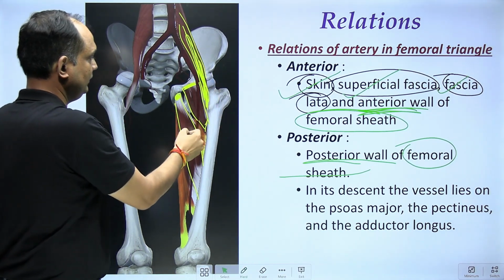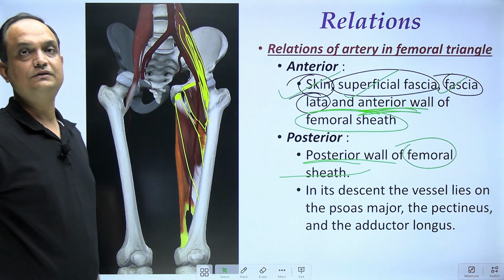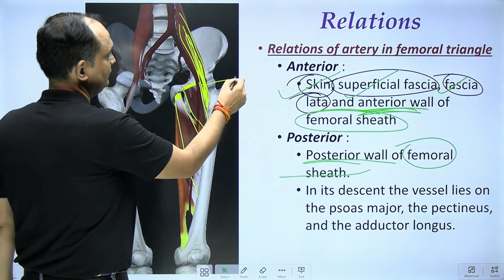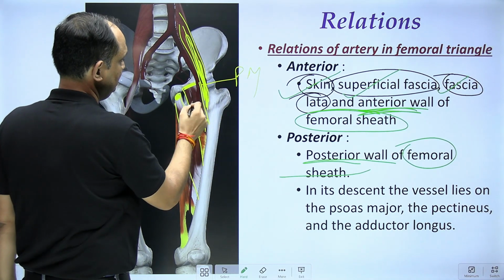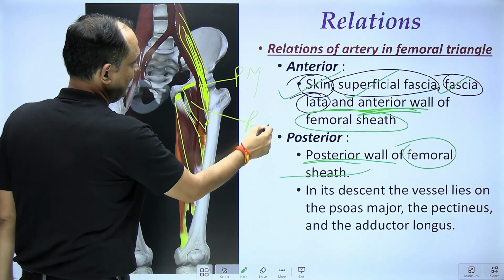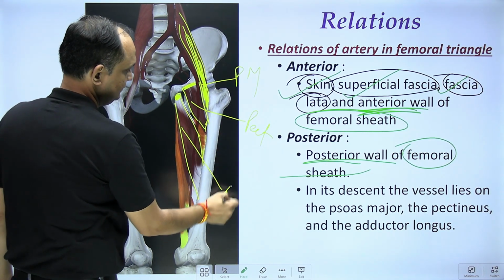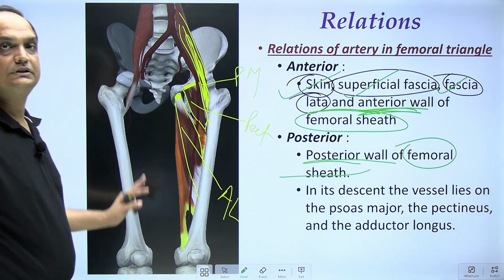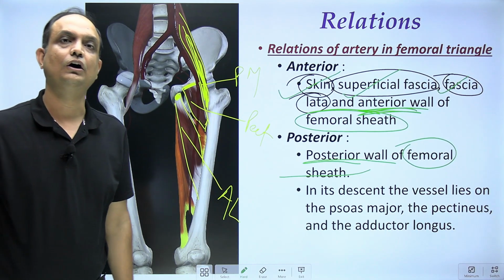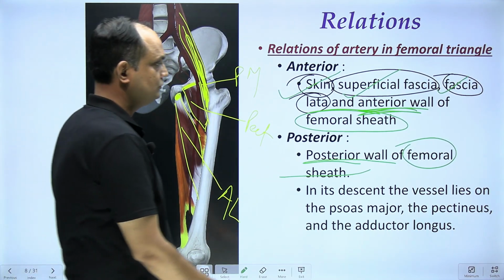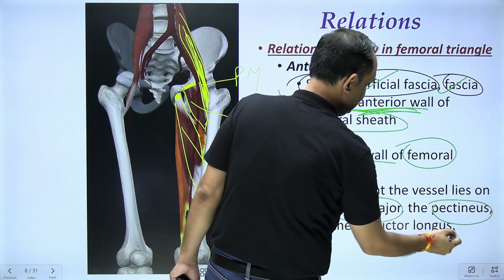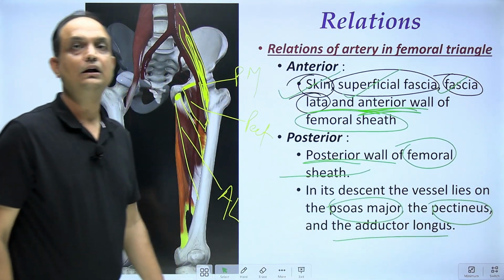So from above downward, the muscles which lie behind the femoral artery are the psoas major, then the pectineus, and below the pectineus the adductor longus. So these are the three muscles which come in posterior relation of the femoral artery: from above downward, psoas major, pectineus and adductor longus.